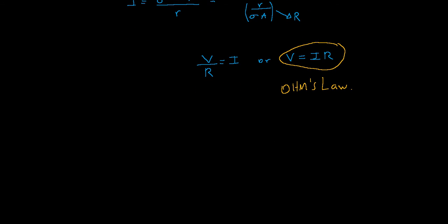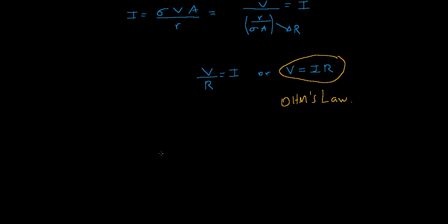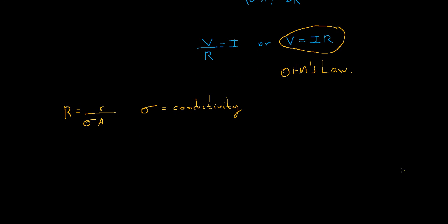And so let's have a look at this term here, R, which is equal to R divided by sigma A, and again sigma is equal to conductivity. There's also another term called rho, which is equal to 1 over sigma, and this is called the resistivity.